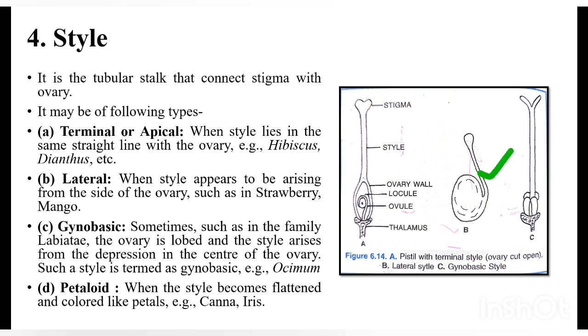Gynobasic, which is the characteristic feature of the Lamiaceae or Labiatae family, when the ovary is lobed and the style arises from the depression at the center of the ovary. This type of style is called gynobasic. Then petaloid, when the style becomes flattened and colored like petals.